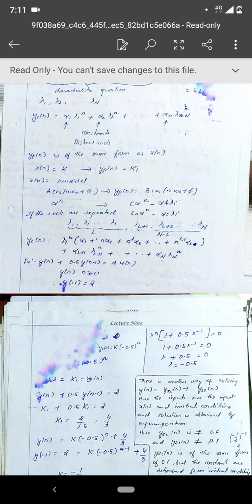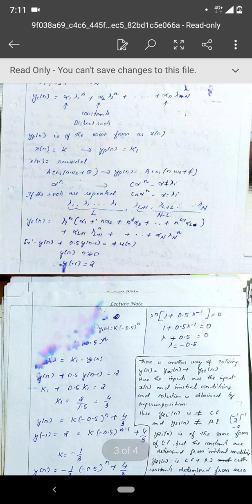Then if x of n is sinusoidal, that is a cos n omega naught plus theta, then yp of n is also sinusoidal or cosine wave, but some other cosine wave, that is some other constant b cos n omega naught plus, instead of theta, some other phase, that is phi.